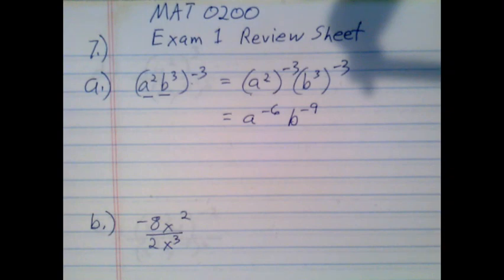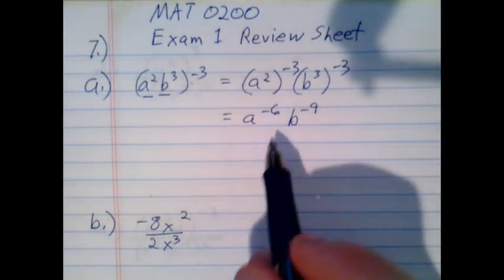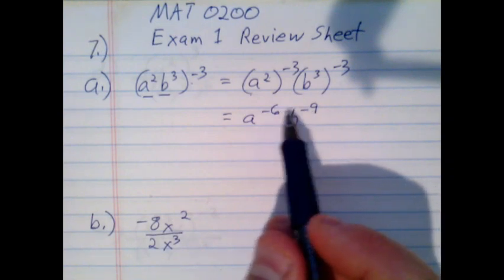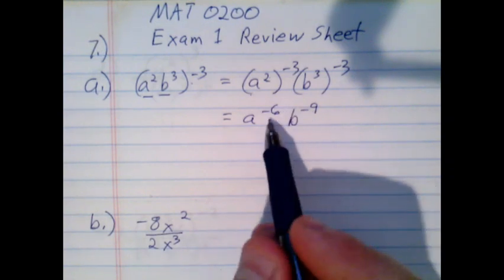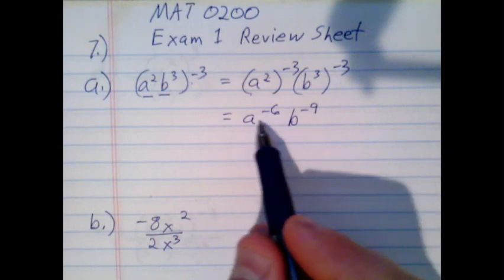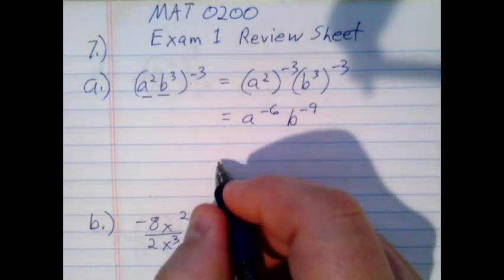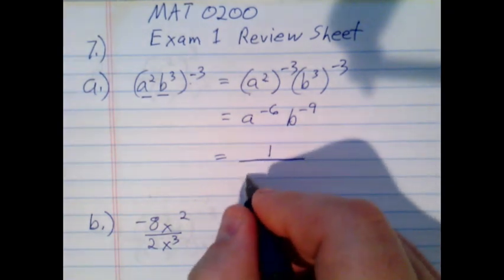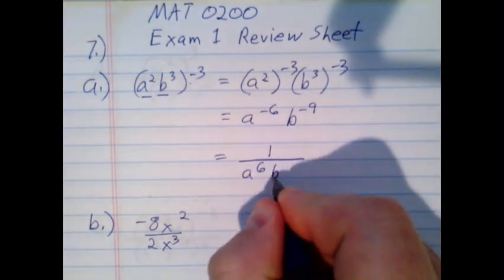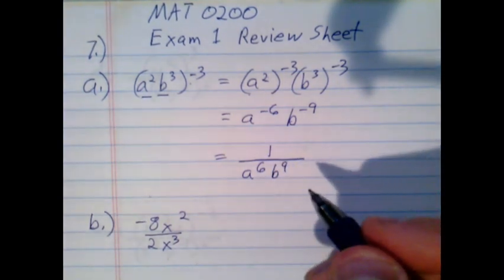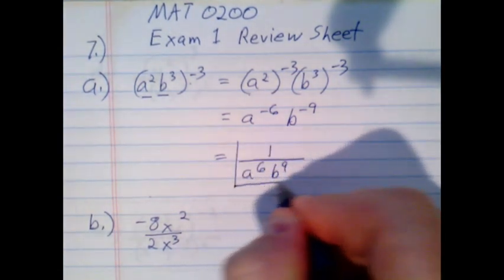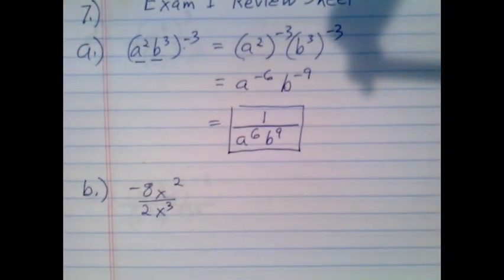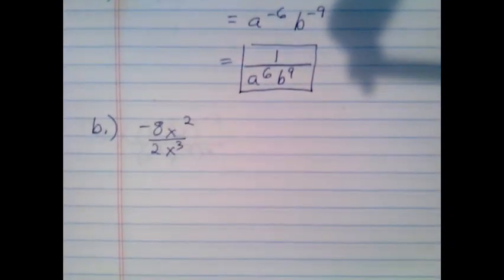Now it's generally understood in these problems that for our final answer we will convert all of our exponents back to positive exponents, and in this case we can do that by moving these factors to the denominator. So I'll rewrite my final answer here as 1 over a to the 6th b to the 9, and that's really all there is to do for part A.